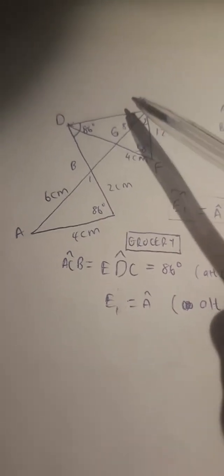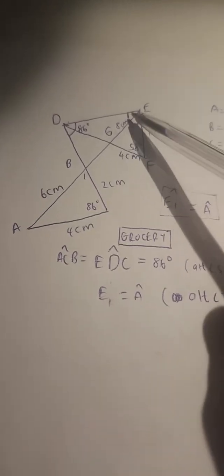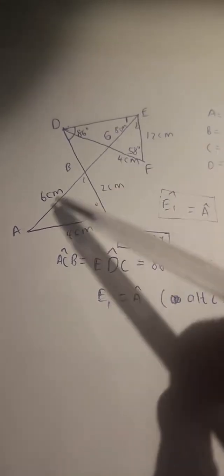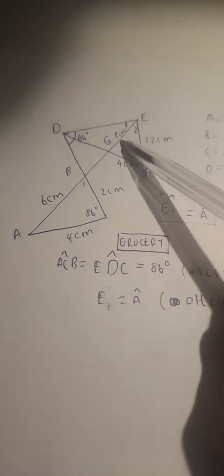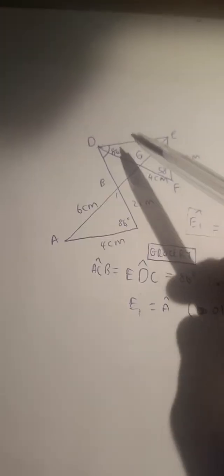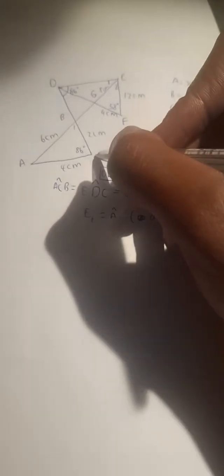I usually say you can compile what I refer to as a grocery list, where you are writing down items. For instance, angle E1 is going to be equal to angle A. We know that. The reason is alternate angles, DE is parallel to AC.